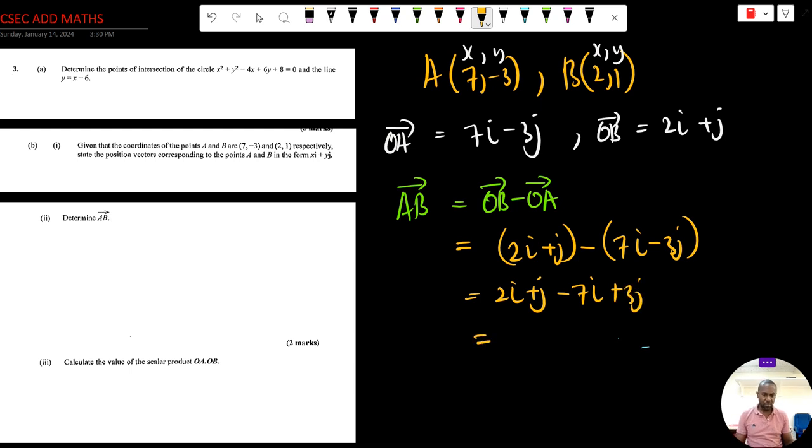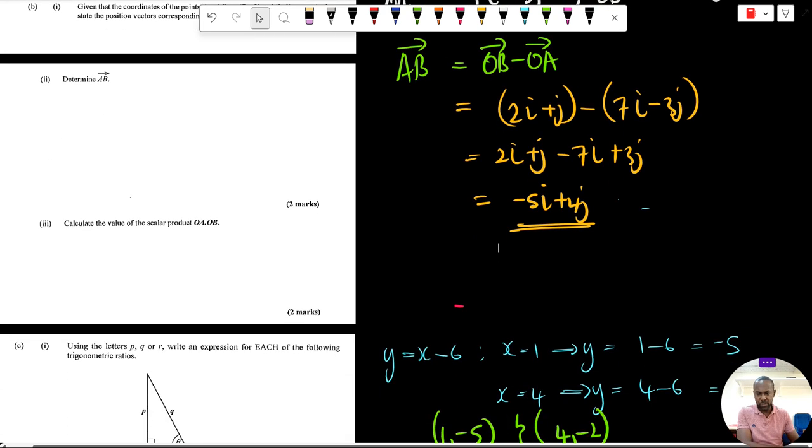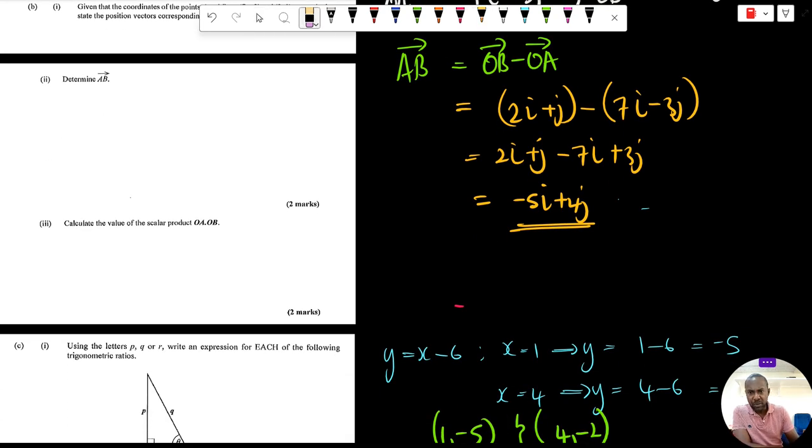And now we can combine the i coefficients. So this will be 2 minus 7, which gives us minus 5i. Then you have j plus 3j, which gives us 4j. And therefore, the displacement vector AB is given as minus 5i plus 4j. All right? So that is that part there.